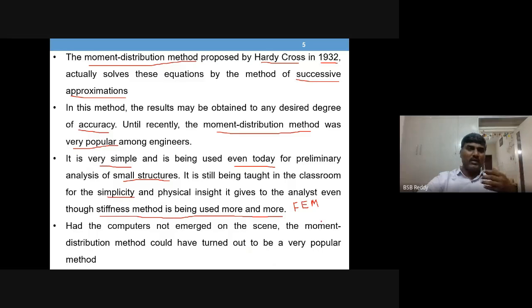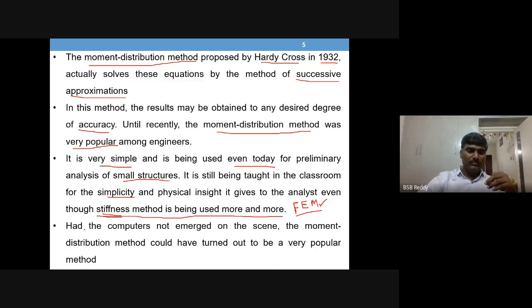Until maybe 20 years back, it was the stiffness method; the software was using the stiffness method. Slowly, software is shifting to the finite element method, maybe 10 to 15 years back, they began moving to the finite element method.